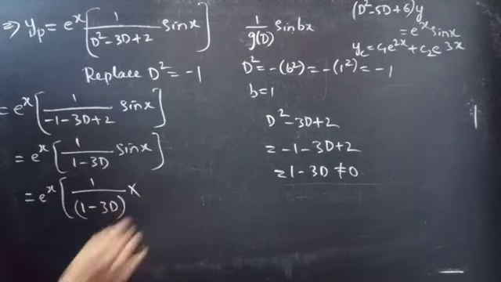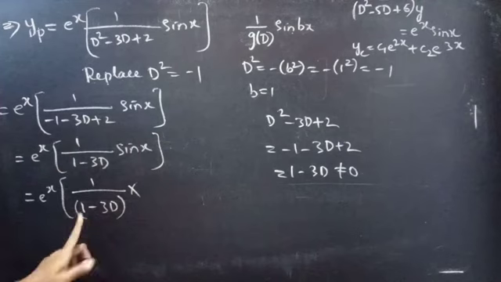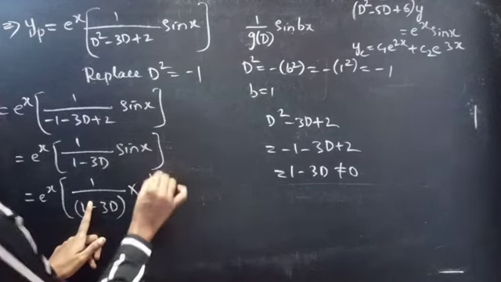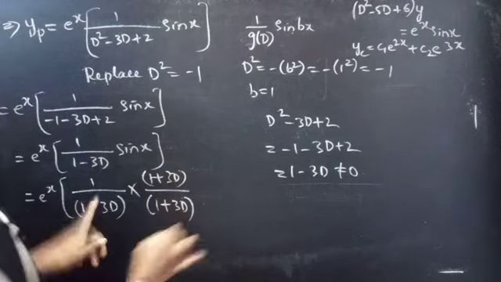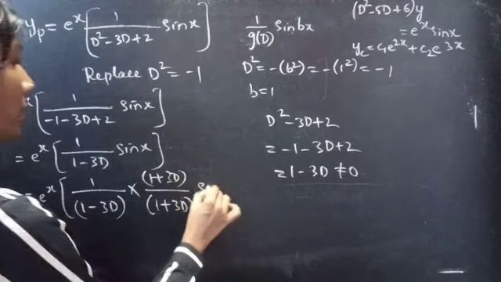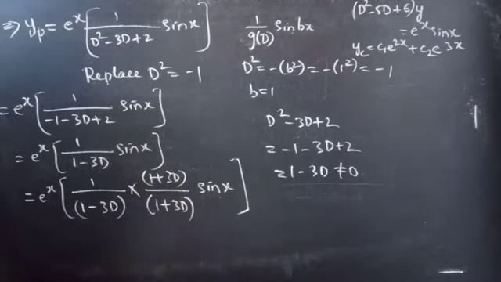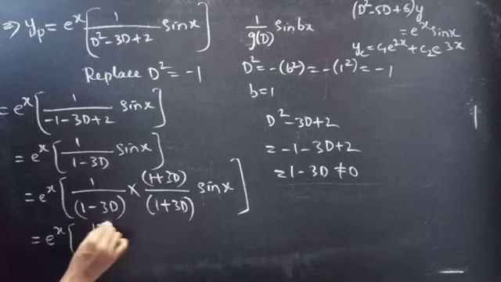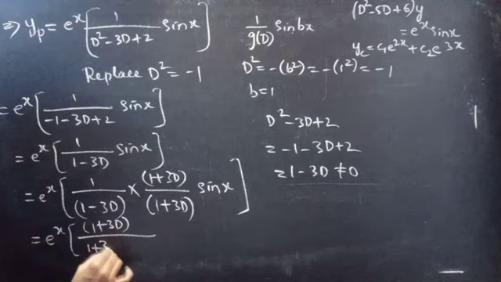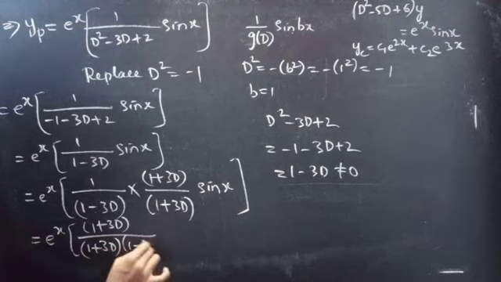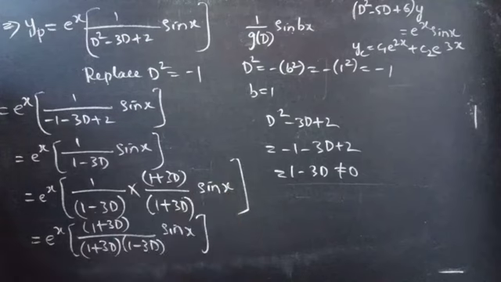If we notice, we are having 1 − 3D in the denominator. So replace this minus with plus, then we'll get 1 + 3D. Just multiply and divide 1 + 3D to this fraction into sin x. This becomes e^x into (1 + 3D) by (1 − 3D)(1 + 3D) into sin x.